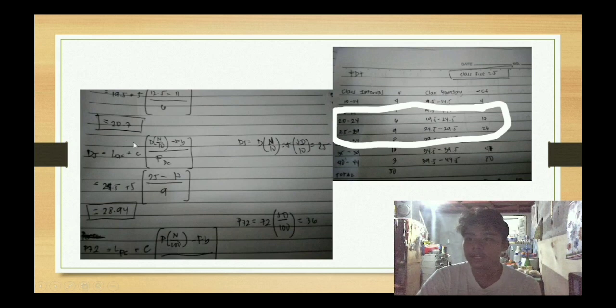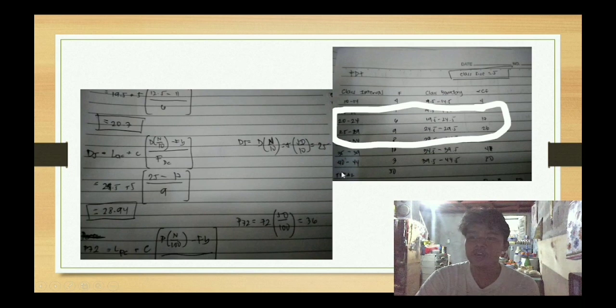So, i-transfer natin po yung mga numbers. Ang magiging formula po natin ay lower class boundary of the decile class plus the class size times the decile class minus the cumulative frequency before the decile class, over the frequency of the decile class.